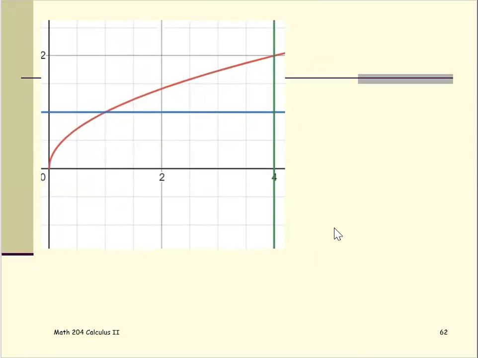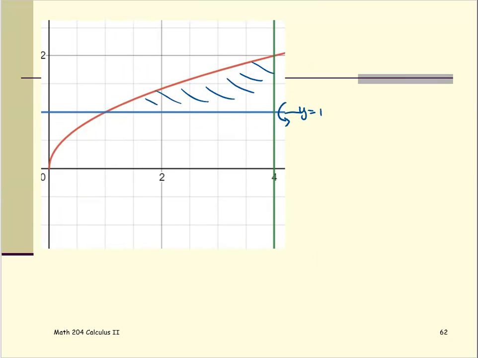Okay. So we use this region and rotate about the line y equals 1. Now, just this portion of the graph is what we're going to rotate.